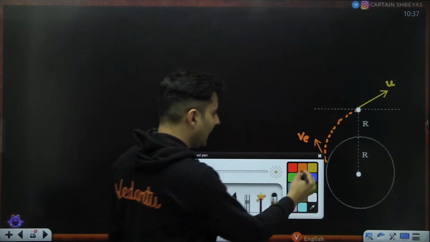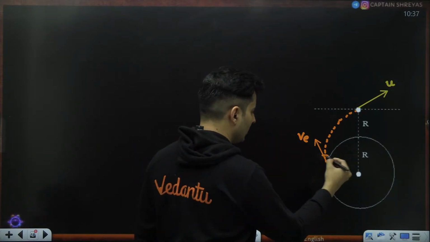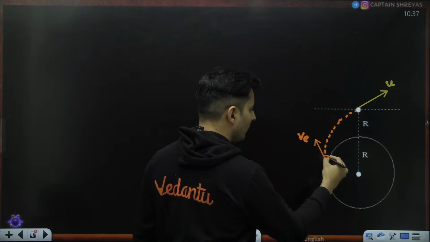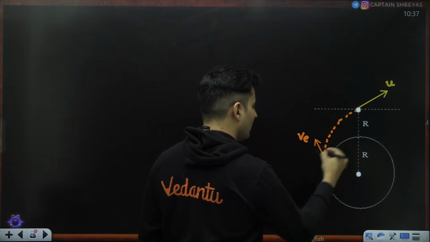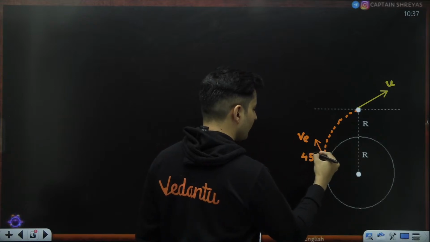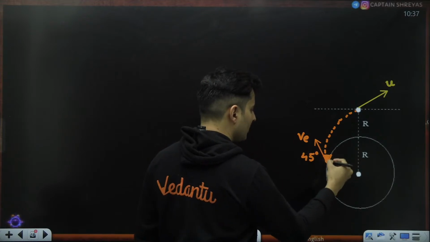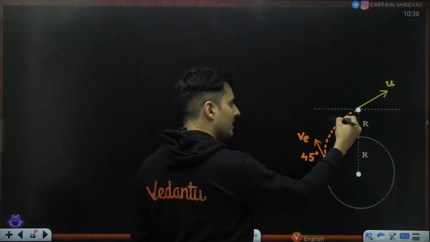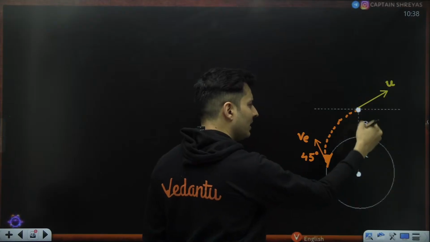The angle at which it was thrown on the surface of the earth is given to be 45 degrees with the surface of the earth. Now it starts going up. It is escaping, escaping, escaping. Somewhere in between the altitude is r.